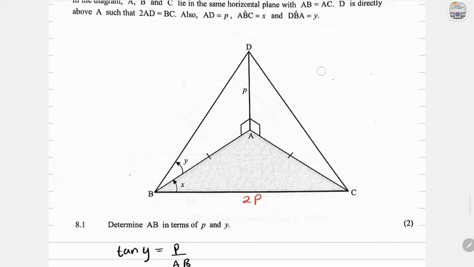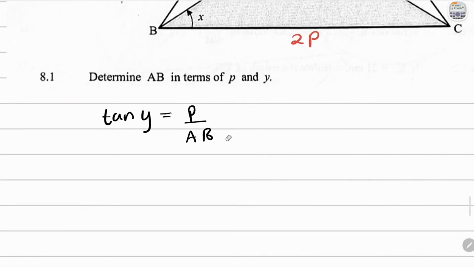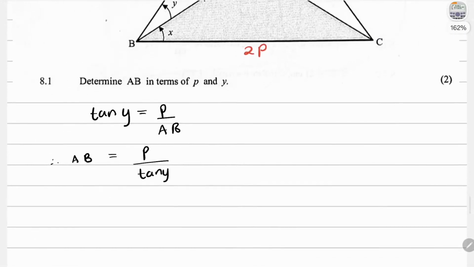You can look at it as multiplying both hand sides by AB or cross multiplying, which gives you AB tan Y equals P. Then you divide both hand sides by tan Y, and that gives you AB is equal to P over tan Y. I just see it as I take this over and it went to the numerator; if I take that one over, it will just go to the denominator. So there we go. AB is equal to P over tan Y.